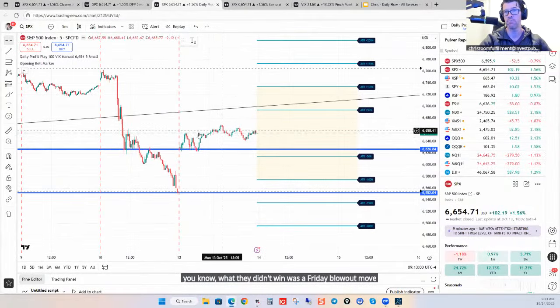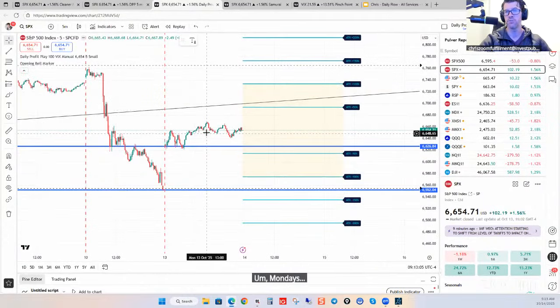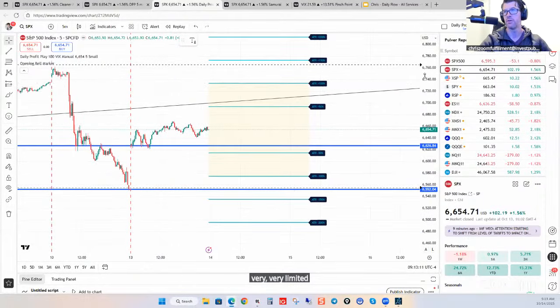What they did is they probably were heavy on Monday's compression. Even for a high, elevated 19 VIX, very, very limited price action on Monday.